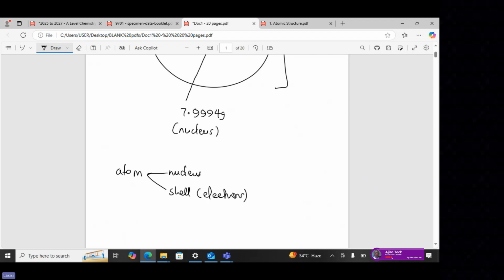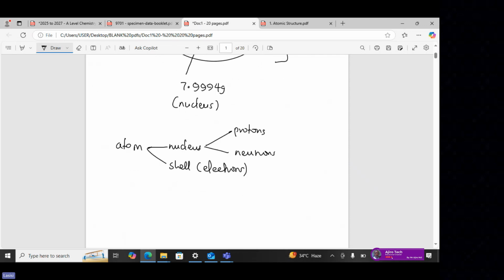Electrons are located on the shell, right? The nucleus now contains what? Protons and neutrons. We are saying that the mass of the nucleus is almost equal to the mass of the atom.